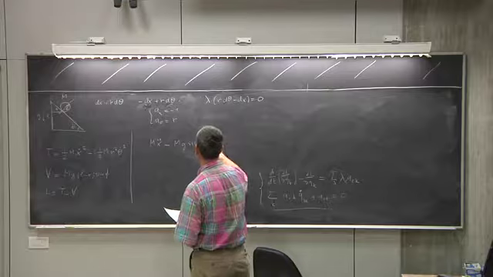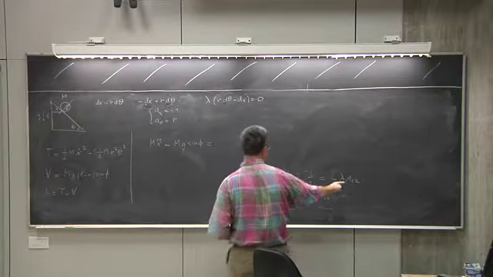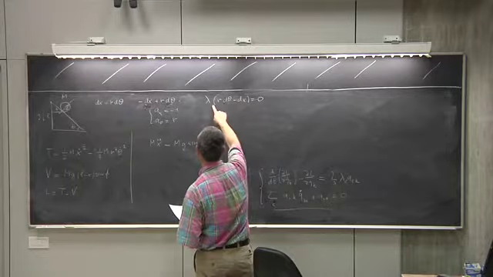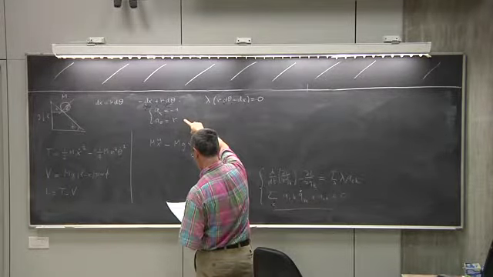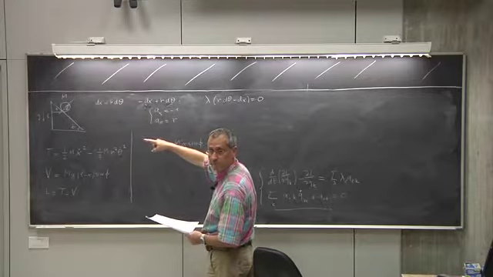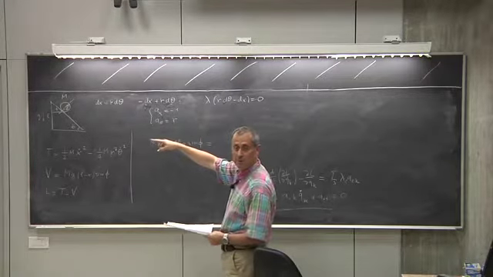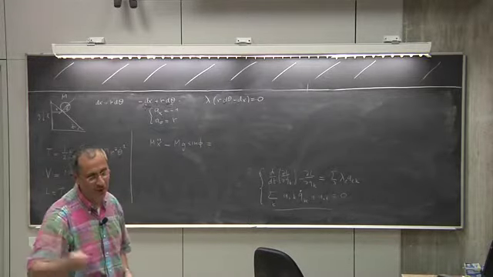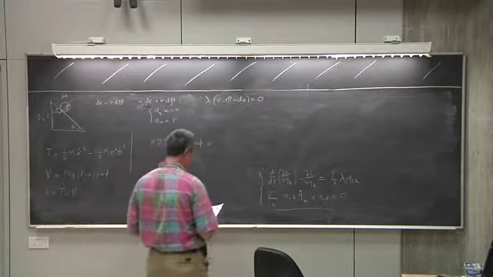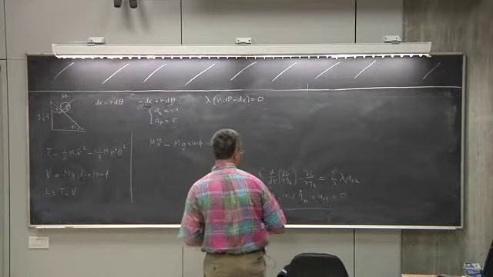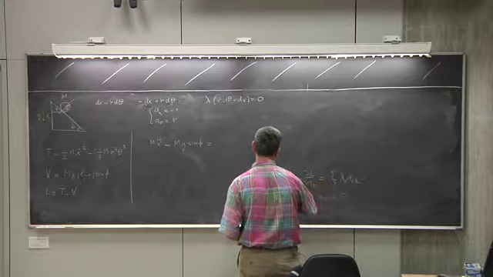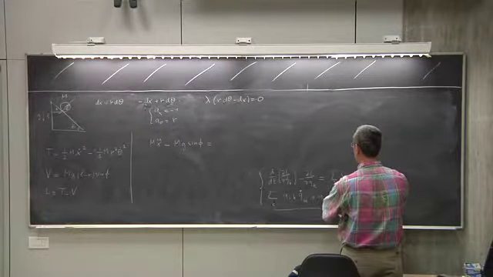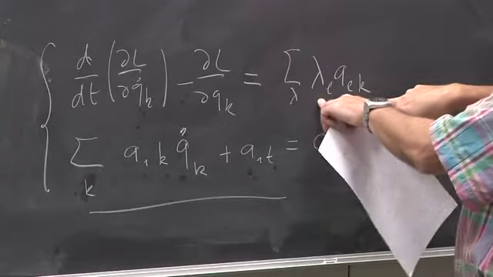So what should I write? You see, this thing here is minus, right? You have lambda. So here you should put, you see, here you have x, so you have to put the coefficient lambda for the ax.